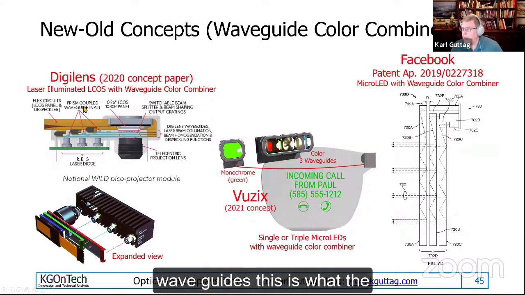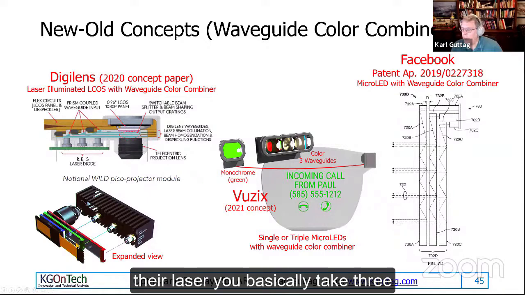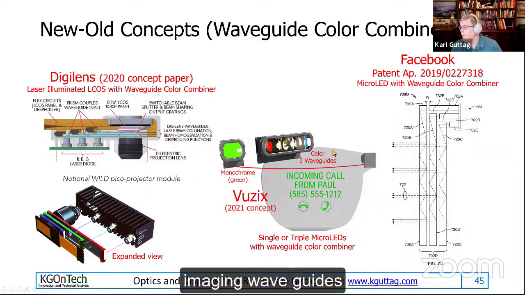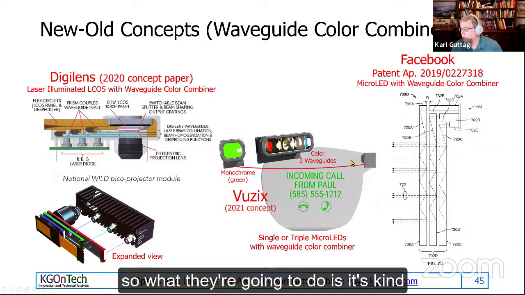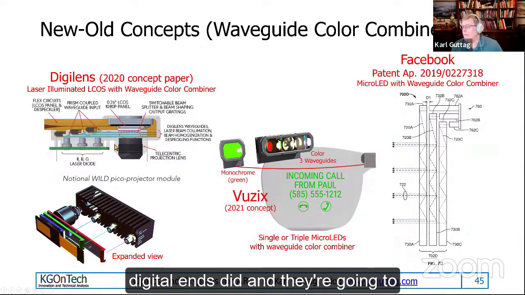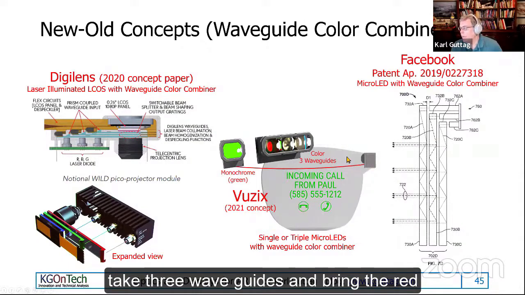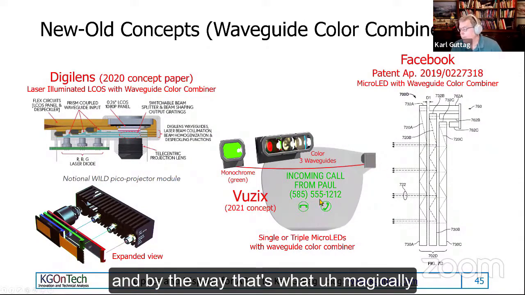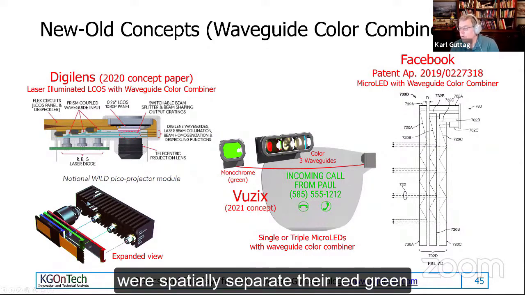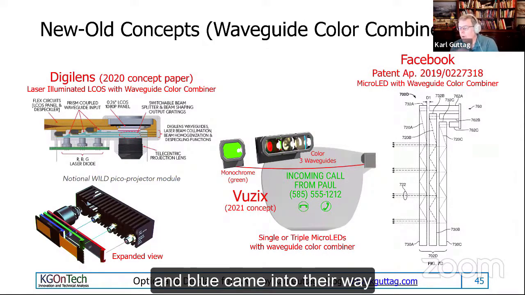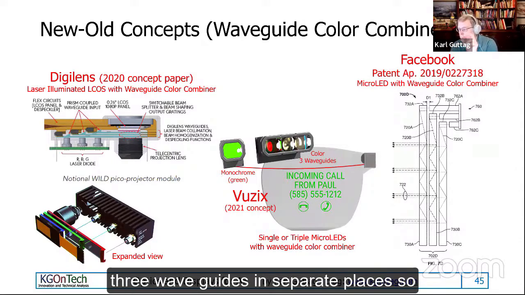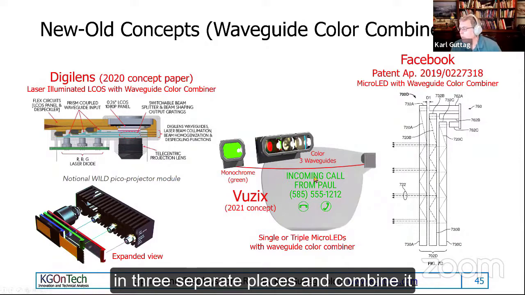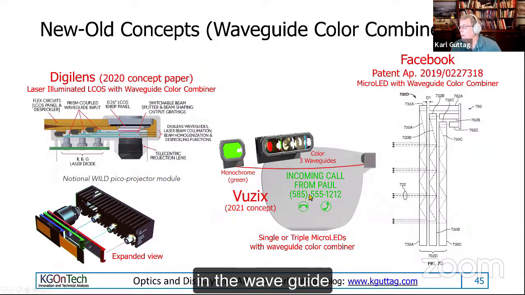This is what DigiLens did with their laser, only these are going to be imaging waveguides. It's kind of like the reverse of what DigiLens did. They're going to take 3 waveguides and bring the red, green, and blue in. And by the way, that's what Magic Leap did. Magic Leap's were spatially separate. Their red, green, and blue came into their 3 waveguides in separate places, so you just bring the image in at 3 separate places and combine it in the waveguide.